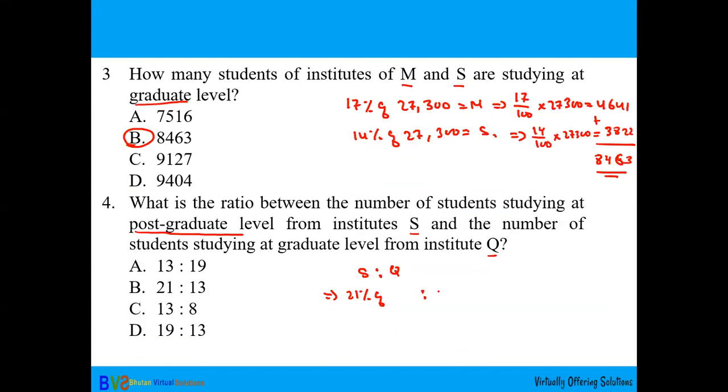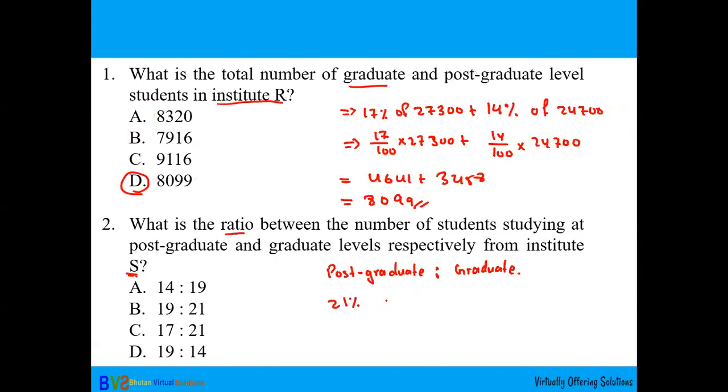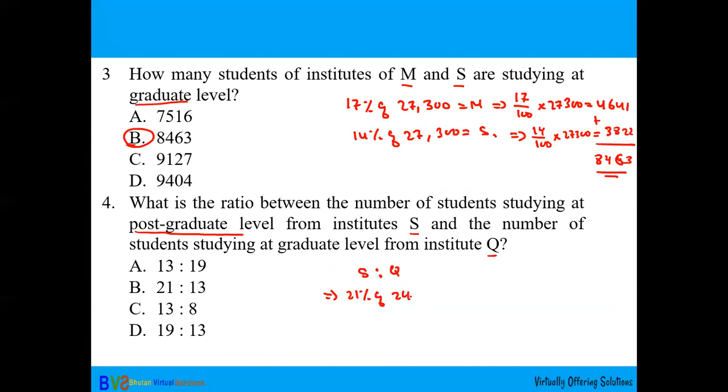It was 13% of 27,300, and 21% of 24,700.